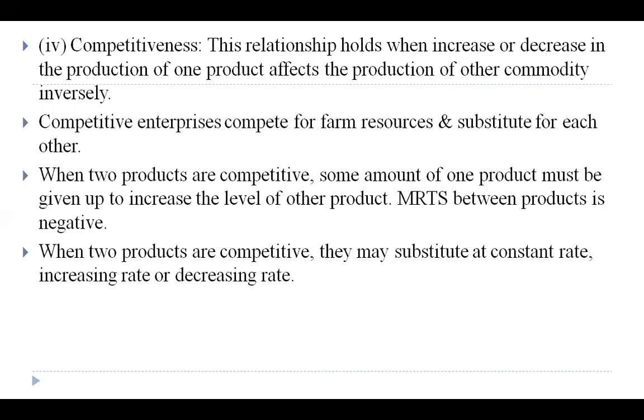So MRS, you know MRS, I already explained this point in factor relationship. So MRTS between products is negative in competitiveness. So for competitive products, the MRS is negative because there will be an inverse relationship.